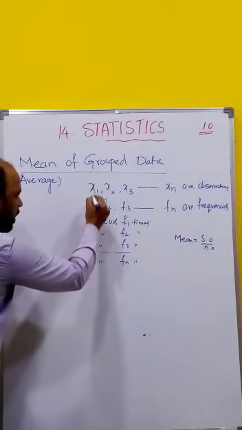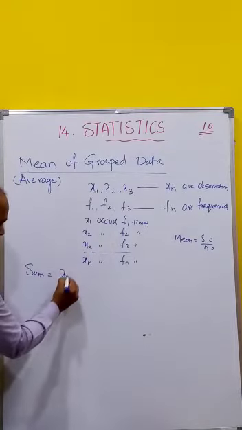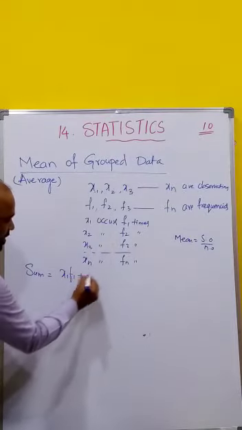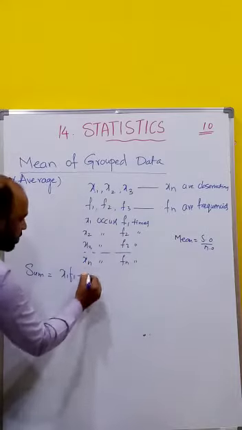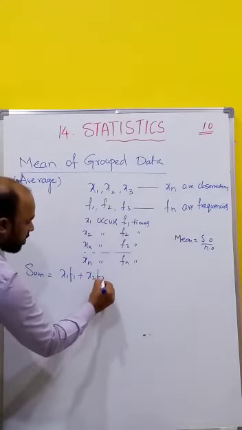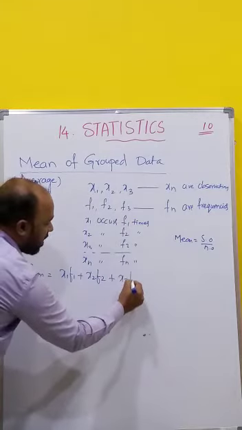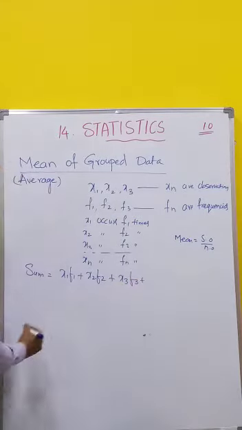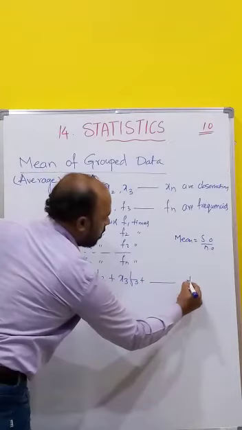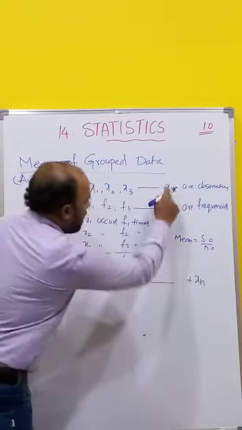Here x1 f1, first one, plus x2 f2, multiplying here, plus x3 f3, and so on up to plus xn fn.